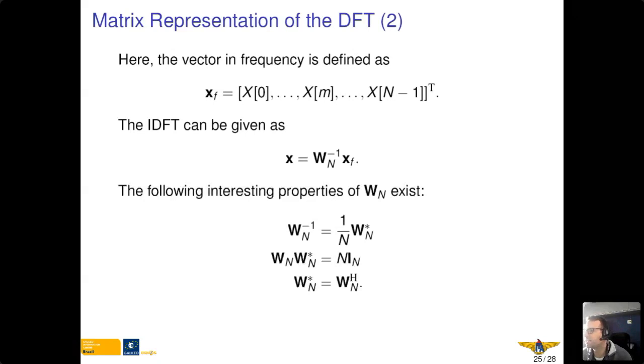The following interesting properties are fulfilled by W. W inverse is equivalent to 1 over N times W conjugate. Wn times W conjugate is the identity, and W conjugate is equivalent to W Hermitian.